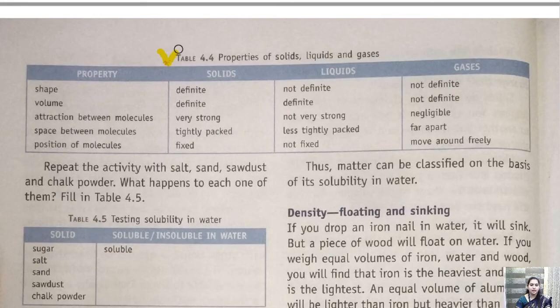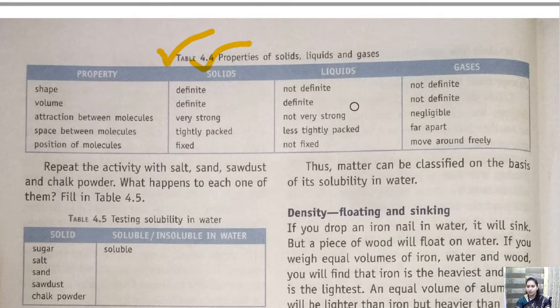Children, this table, please go through this table once. We have different properties. Then we have solid, liquid and gas. So shape for solid is definite. For liquid and gases, it is not definite. Volume: definite, definite. For gases, volume is not definite. Attraction between the molecules: solid, very strong.